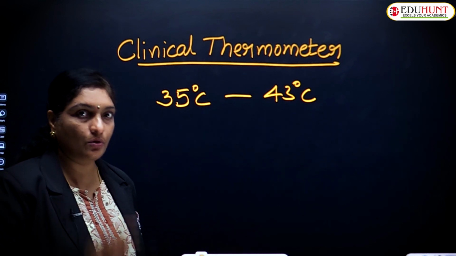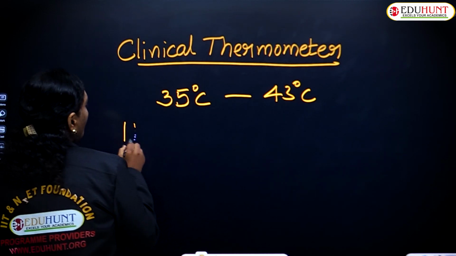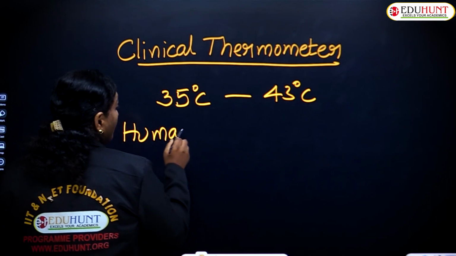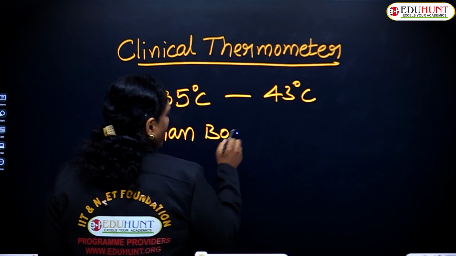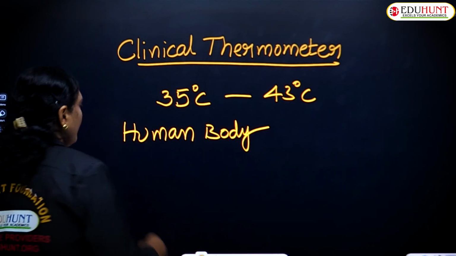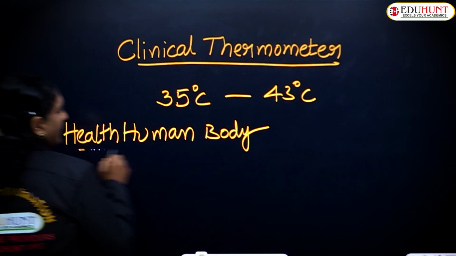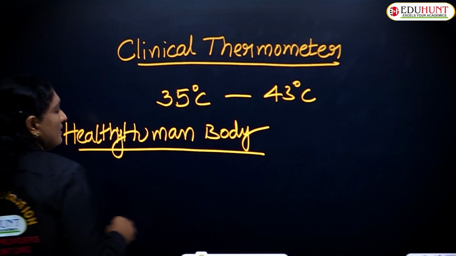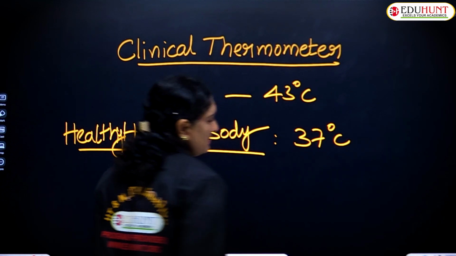And you need to know one more thing: the normal temperature of a healthy human body. Healthy human body, I'll be writing. For a healthy human body, the temperature will be 37 degrees Celsius.